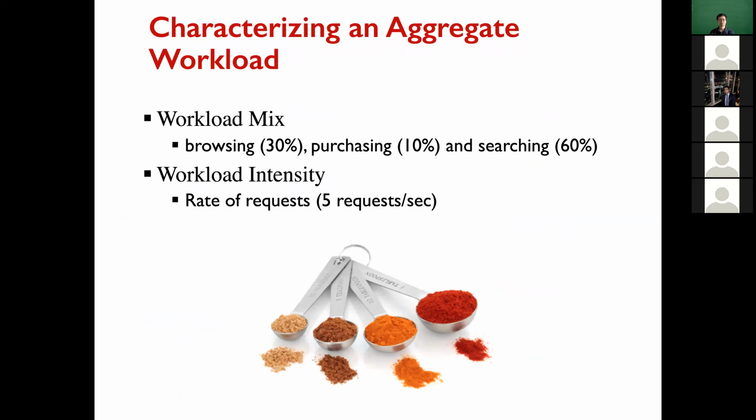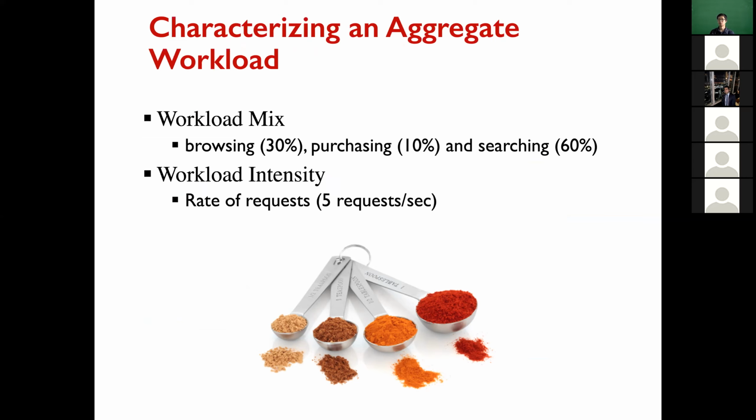Here is an example of characterizing an aggregate workload. First we have a workload mix. We understand the distribution of user actions across different features. For example, browsing accounts for 30% of the user actions.